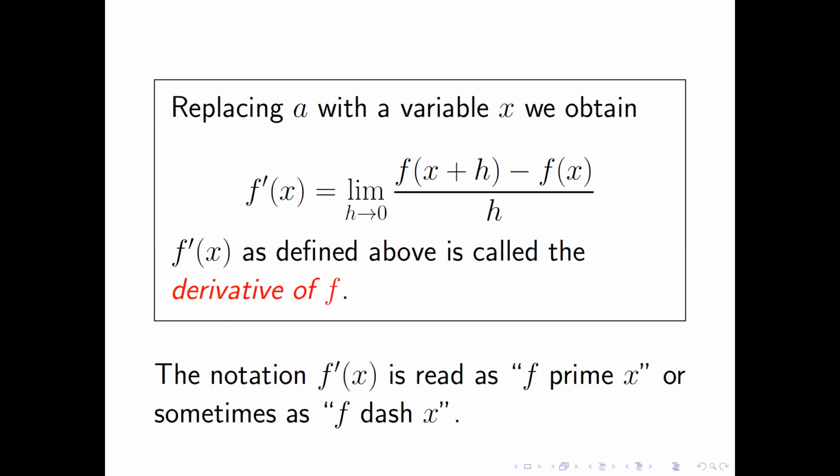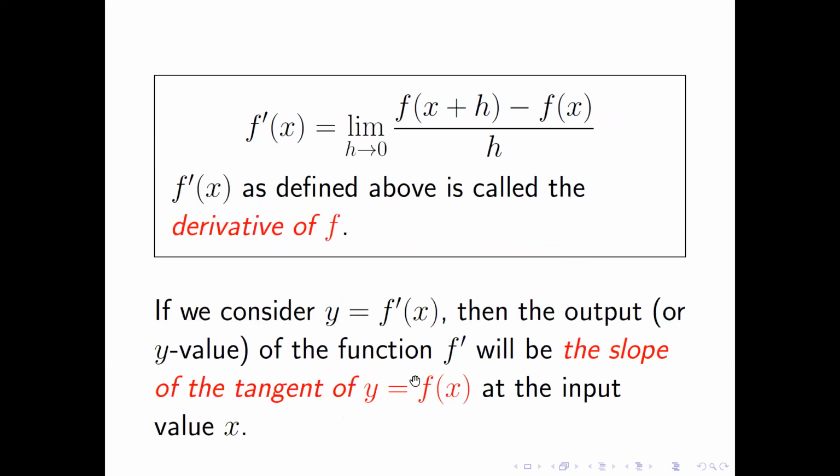So this notation is read as follows. We say that this is f prime of x, or sometimes they use f dash of x, but for my side, I prefer f prime of x. So let's suppose that we have y equal to f prime of x, which is our derivative.